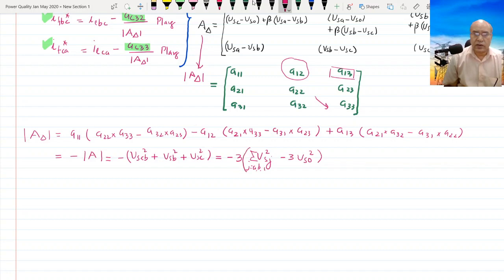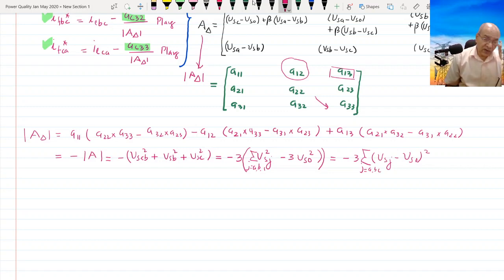This is a sigma term where j equals A, B, C. Close this whole bracket. Or this is also equal to minus 3 times the sum over j equal to A, B, C of (VSj minus VS0) whole square.